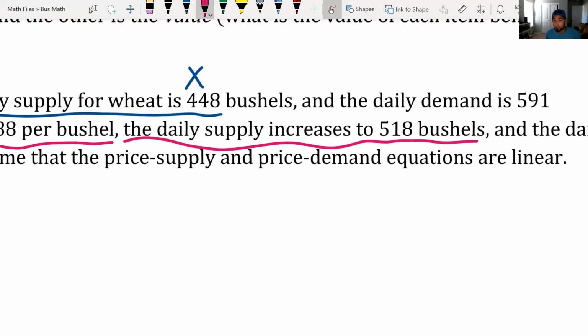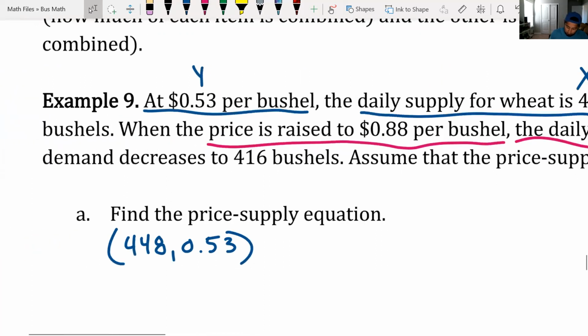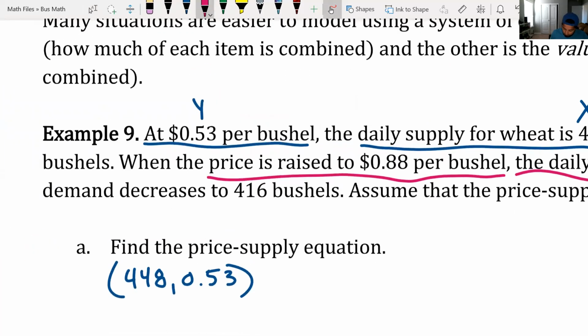There is our next point. 518 and 88 cents. Guess what? We have 2 points. What can you find between 2 points? That is right, slope.